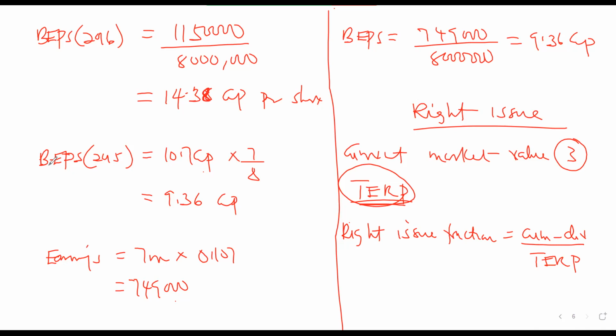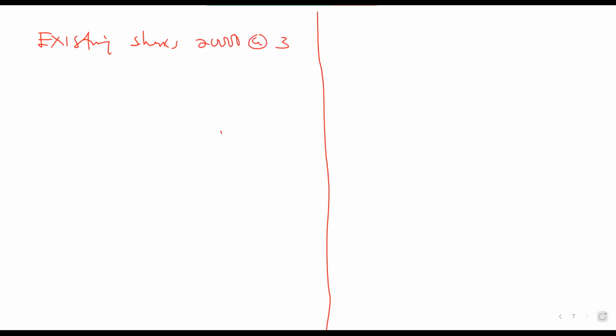Let's assume that we have a company currently. The company has existing shares of 20,000, which is currently trading at 3 cedi.